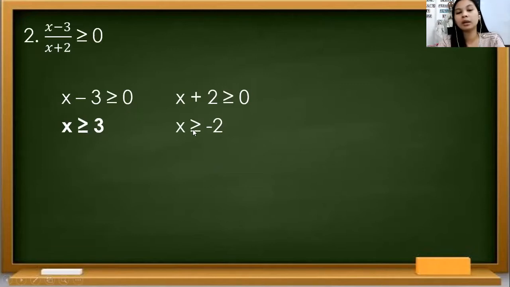And then dito naman, x is greater than or equal to negative 2. Ay, hindi. Opposite pala siya. Sorry. Kasi hindi pa natin na-interchange. Opposite din pala siya. Okay? So, x is greater than or equal to positive 3, but less than or equal to negative 2 po.